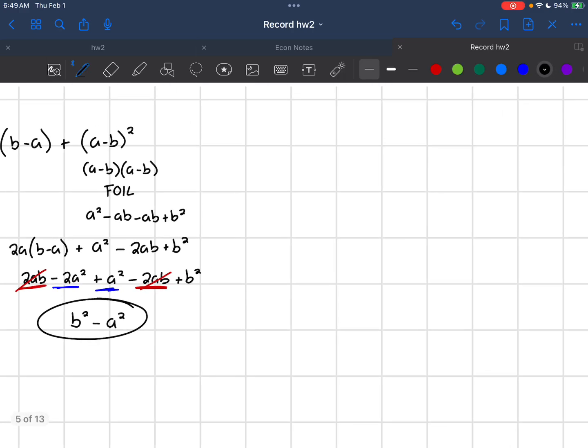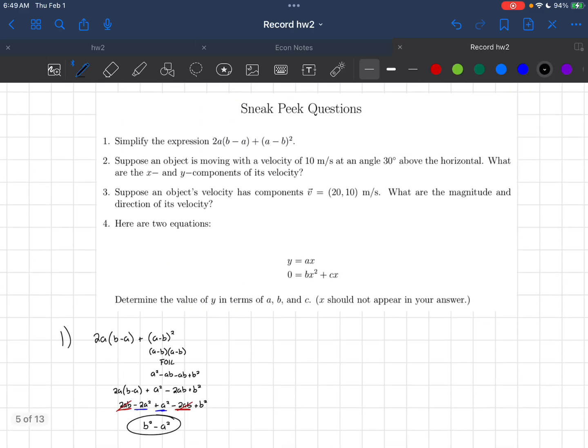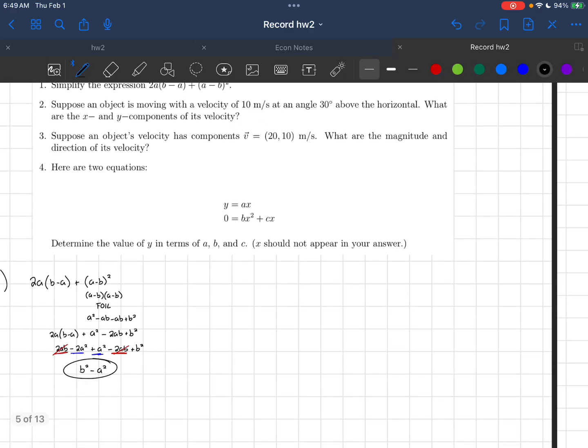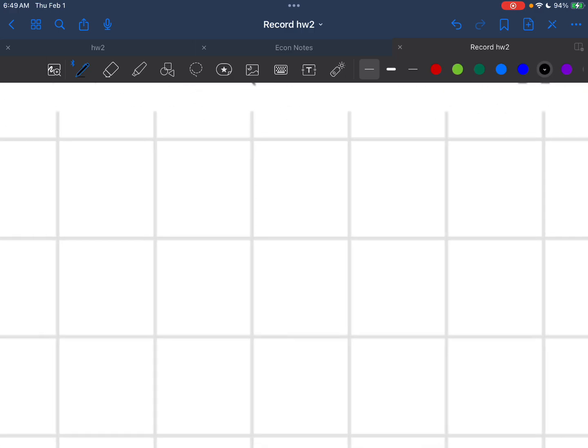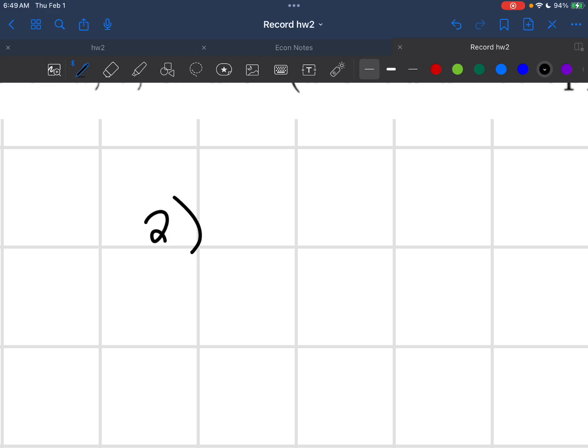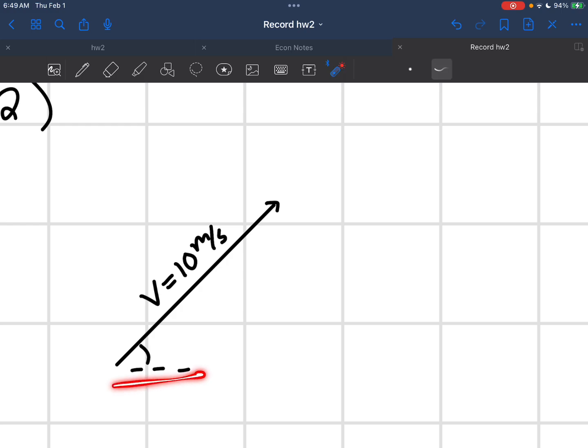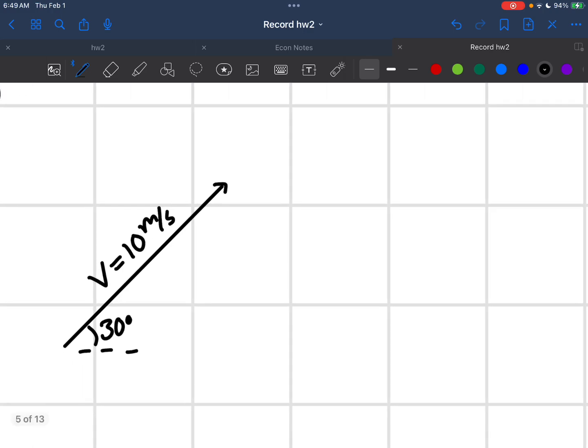Okay. My next problem is asking me to break a velocity vector into its x and y components. So first thing I want to do is draw my velocity vector. There it is, and v equals 10 meters per second. And I know that it's 30 degrees above horizontal, so there's my horizontal, there's my 30 degrees above horizontal.